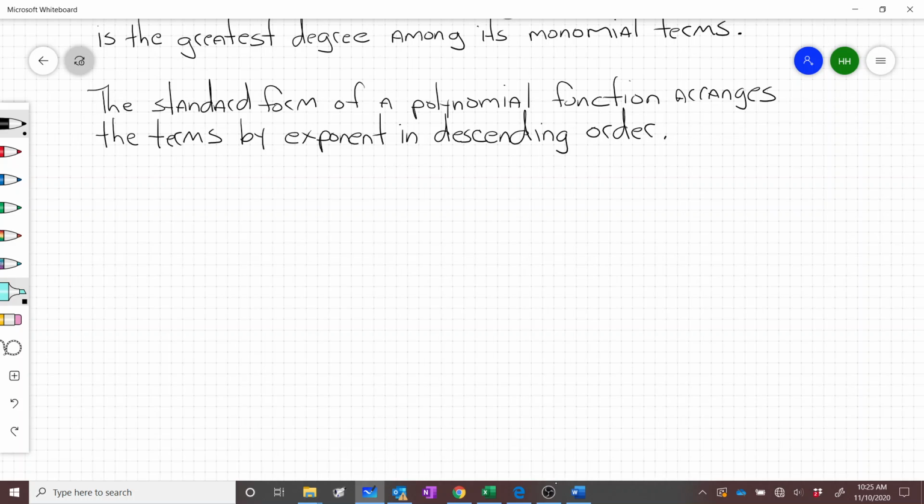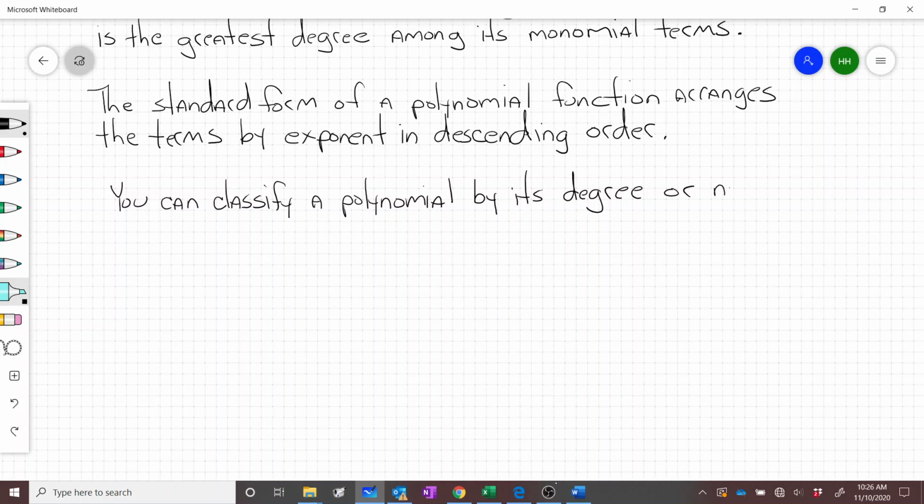You can classify a polynomial by its degree or number of terms.